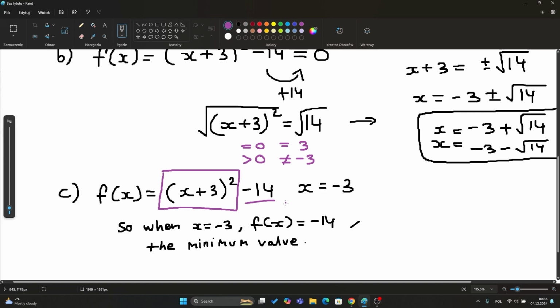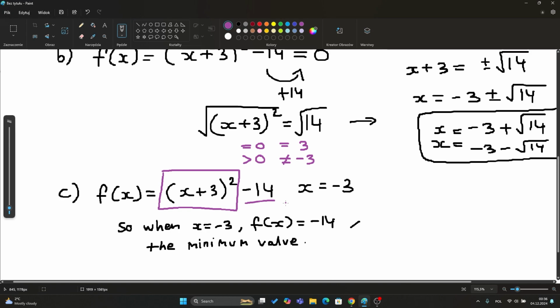Because if we put in a value other than minus 3, then the bracket is squared, and we don't want that because it just increases the value, so it will be greater than minus 14, and we don't want that.